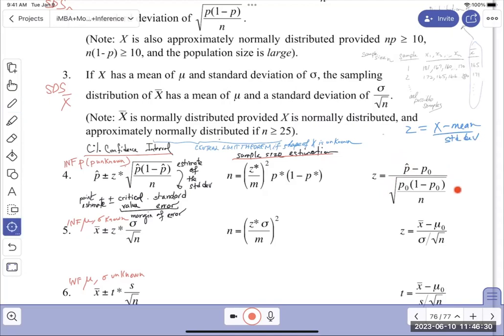Isn't that what this is? Okay, yes, Z star is the critical value. Patricia is right, it is. Z star is a critical value, but Z in general is the standardized value, right? The Z score. It says X minus the mean over the standard deviation. Is that correct? Yes. Okay.